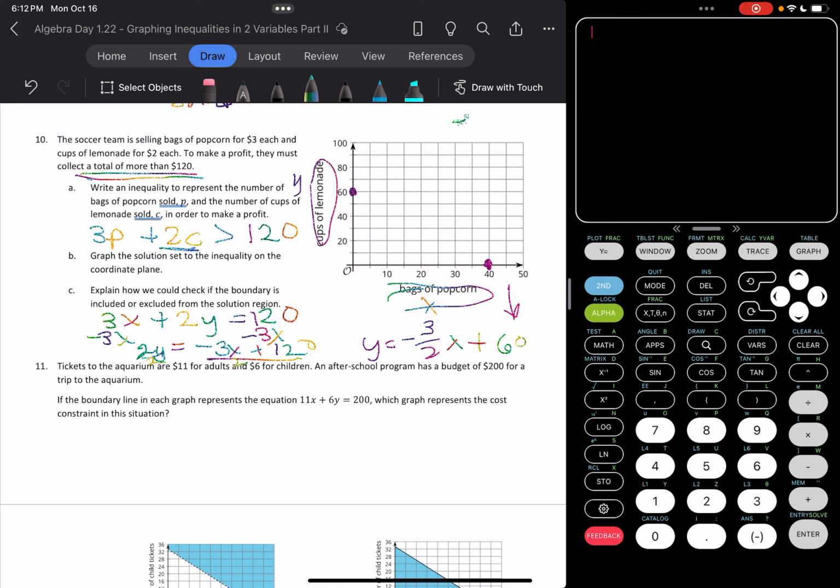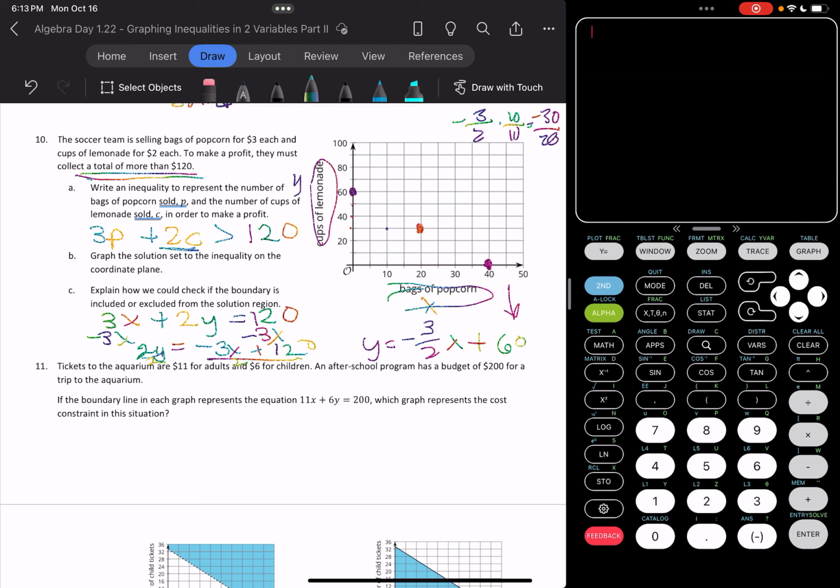So we can also think of negative 3 over 2 if we multiply the top and the bottom by 10, we get negative 30 over 20. That's equivalent, and that's more helpful because going down by 30 and over 20 is going to be a lot easier for me. So I can go down 10, 20, 30, and then over 10, 20. Here's another point. So notice now that this is nice because it gives me another point along my line, and will make it a little easier to draw my line.